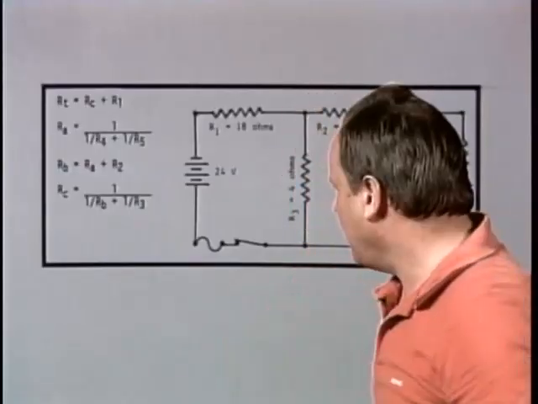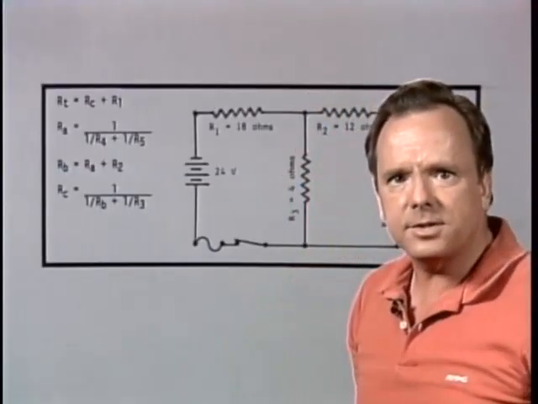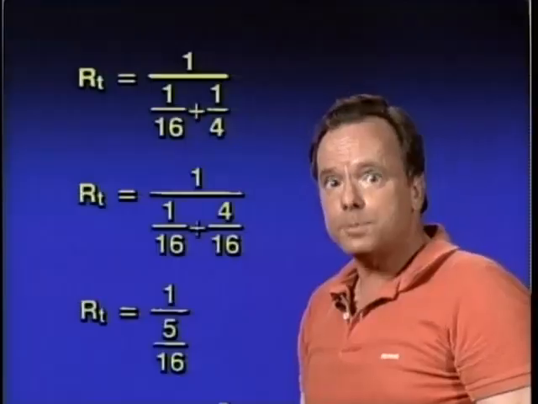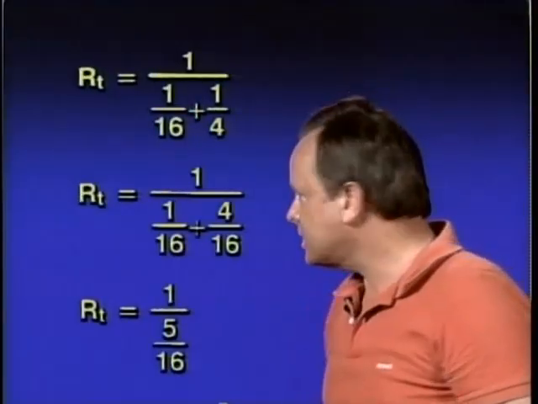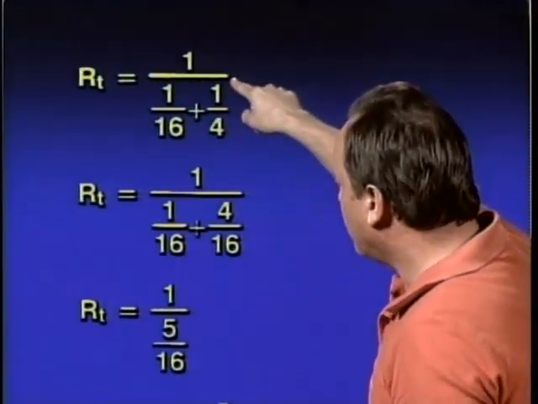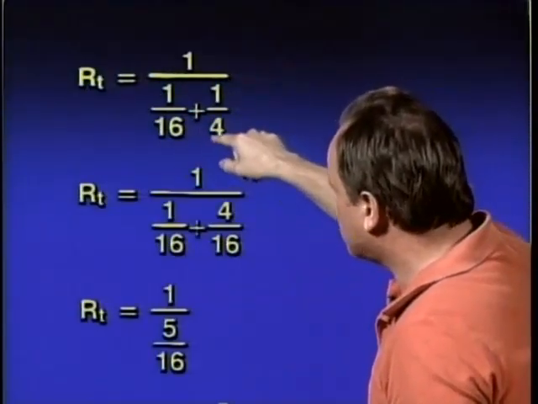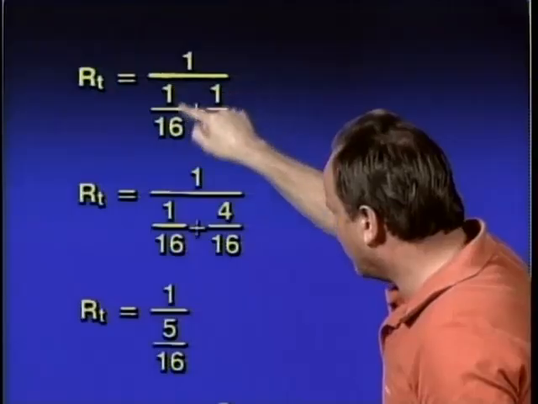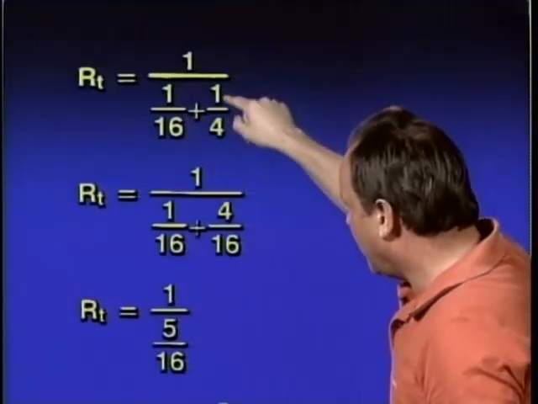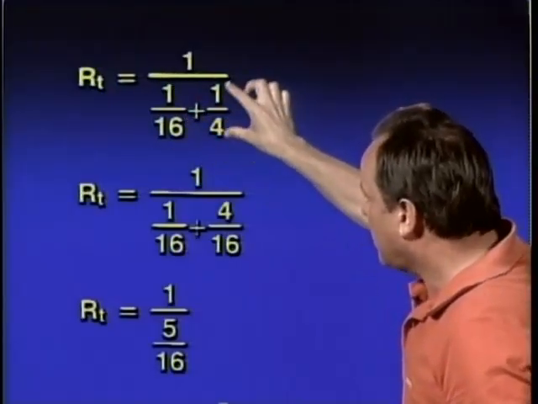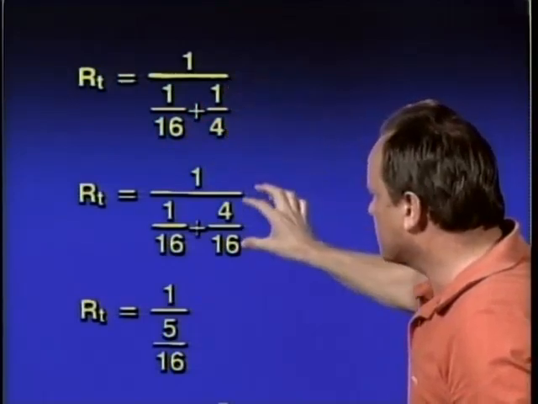And so what we have is, if you remember, 16 ohms and 4 ohms. So let's take a look at the math for converting those paths into one total resistance. And we have 1 over, and it was 16 ohms and 4 ohms, so the fractions are 1 divided by 16 plus 1 divided by 4. And we can convert that 1/4 into 16ths. That's 4/16.